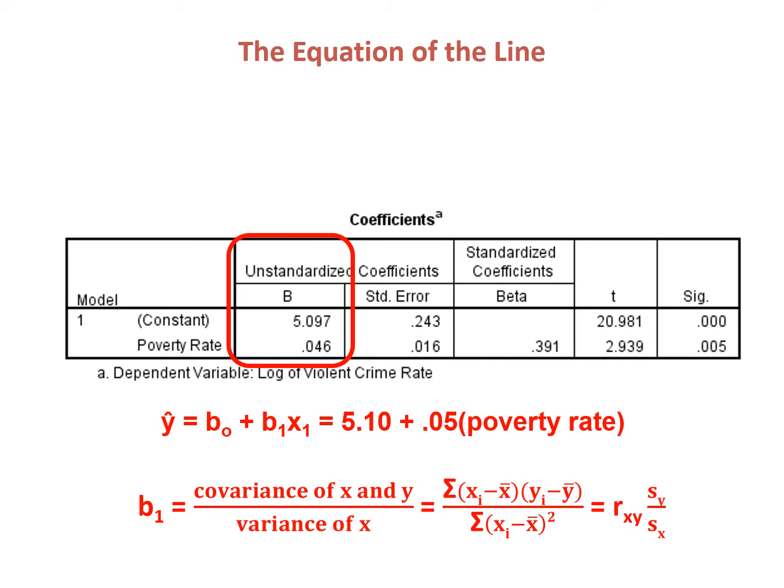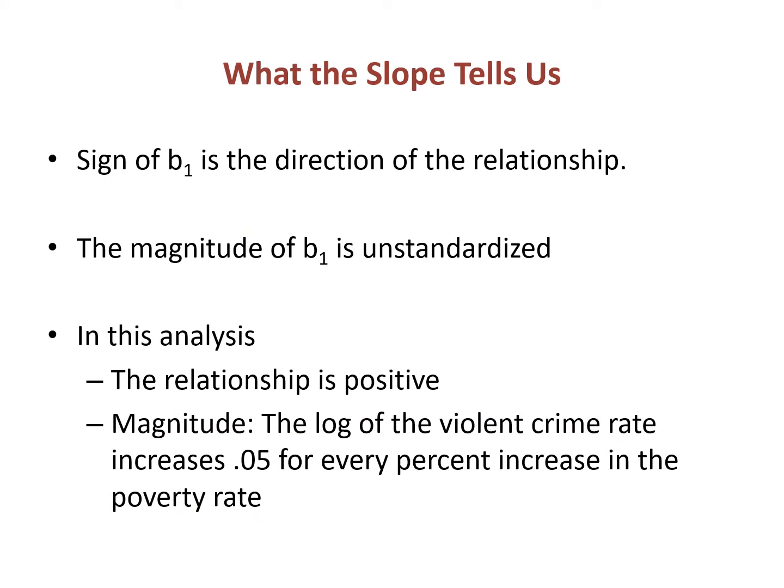The slope can also be determined by multiplying the Pearson's R for x and y, here symbolized R with the subscript xy, by the ratio of the standard deviation of y divided by the standard deviation of x. The slope gives us both direction and magnitude. The sign of B subscript 1 is the direction of the relationship.